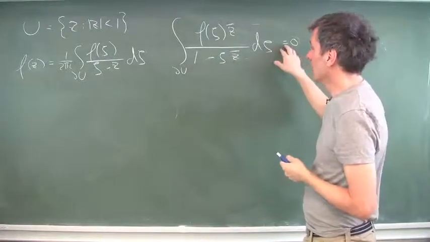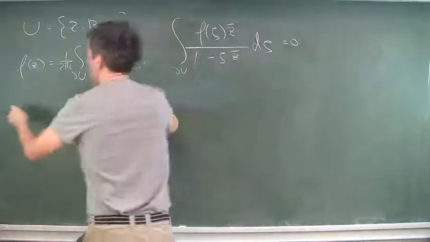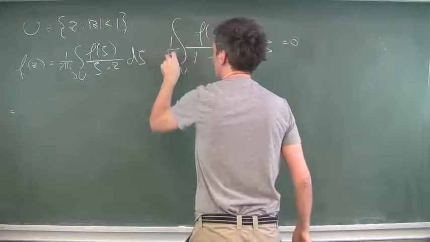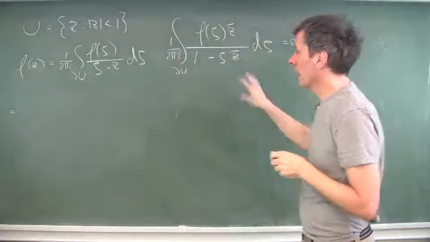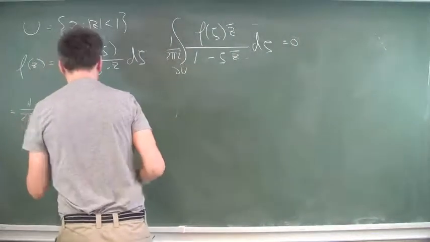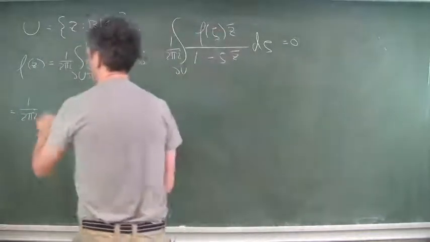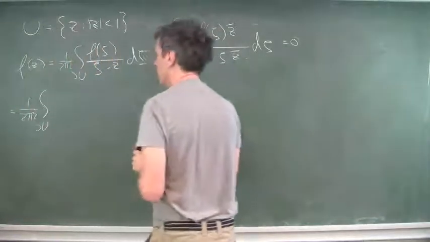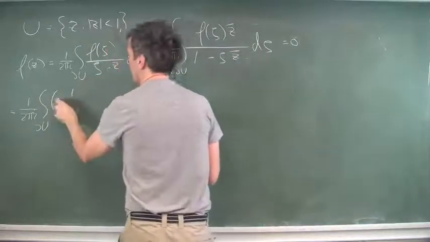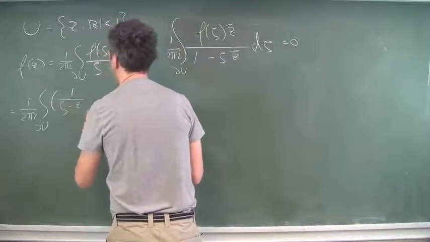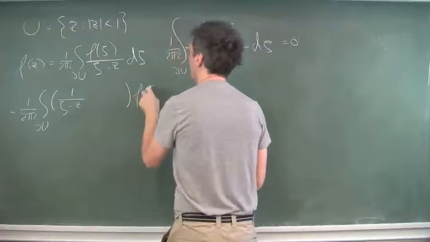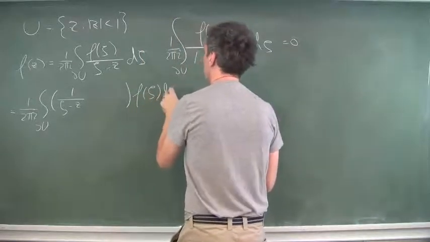Once we know that this integral is equal to 0, we can simply multiply by 1 over 2 pi i, and then add this integral to what we have here, and still get a formula for f, which will then be the integral over the boundary, and from here we get the factor 1 over zeta minus z, times f of zeta d zeta.